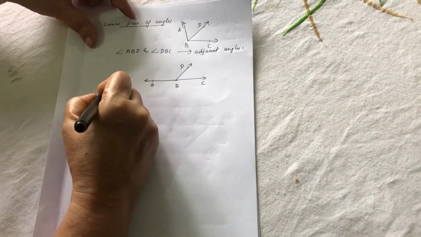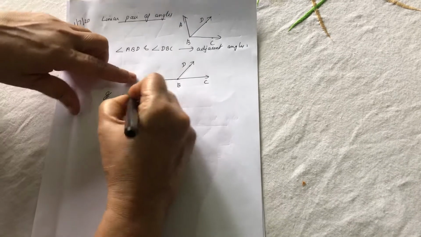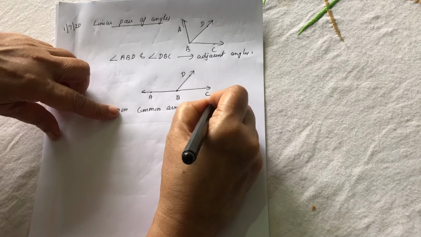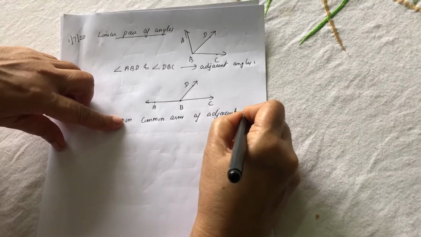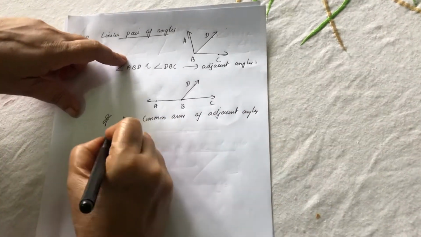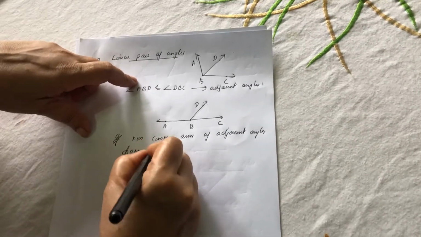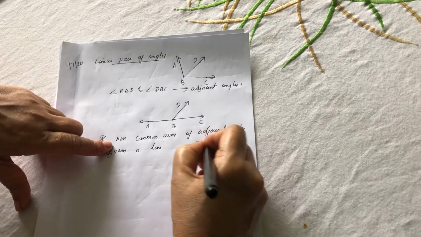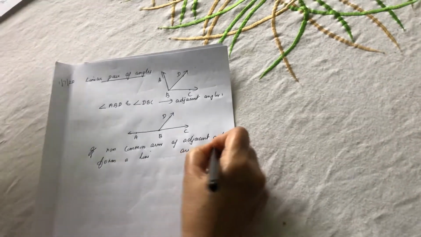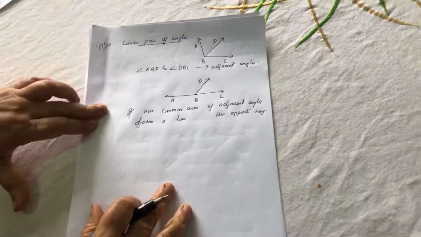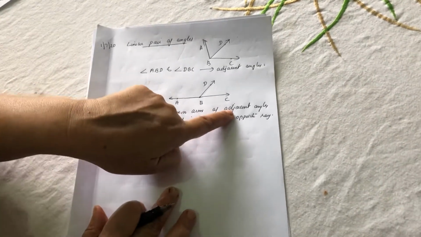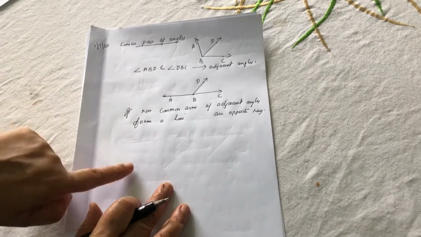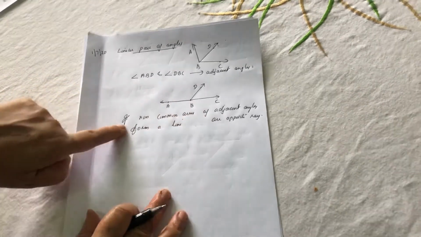If non-common arms of adjacent angles form a line, that means the non-common arms are opposite rays. Here you see that all the conditions of adjacent angles are satisfied. Only one more condition is added: non-common arms are opposite rays.